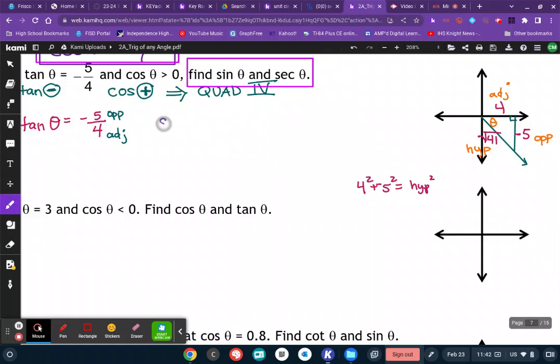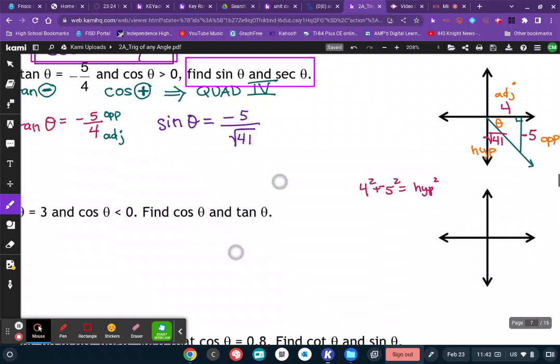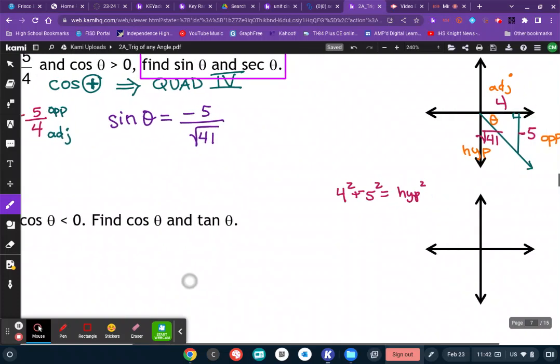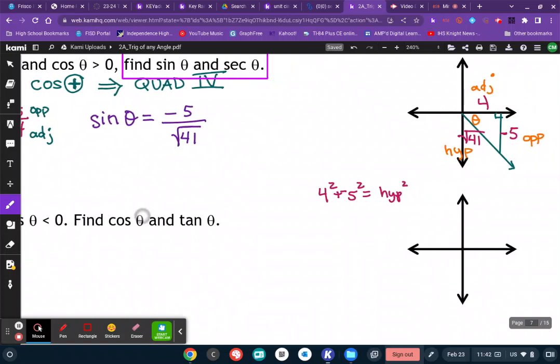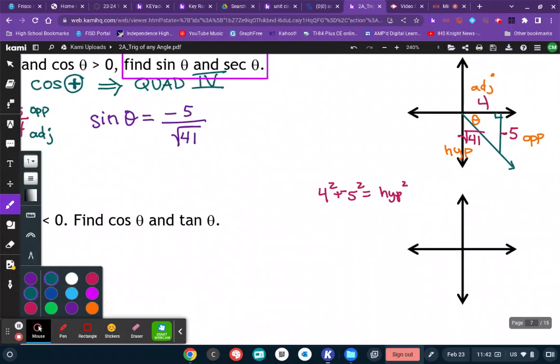Sine it wants. So sine of theta is the opposite over the hypotenuse, which according to my diagram, opposite is negative 5. Hypotenuse is the square root of 41. And I can't leave it that way because I can't have a radical in the denominator. So I am going to have to rationalize this.